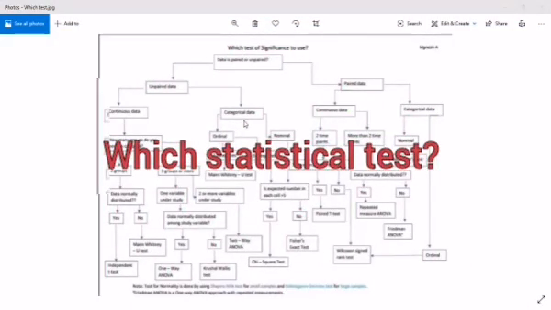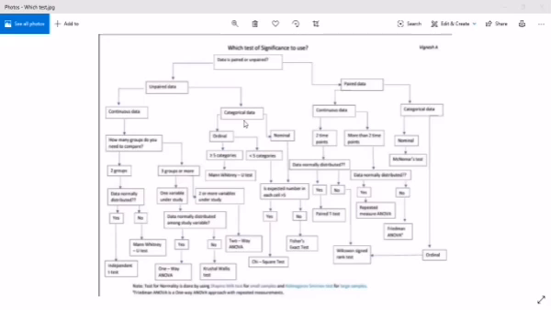So I posted this some time ago, and I think I got it somewhere. I didn't create this diagram, but I've seen a number of diagrams like this to show you which test to use. This is statistics. For those who don't like statistics, forgive me.